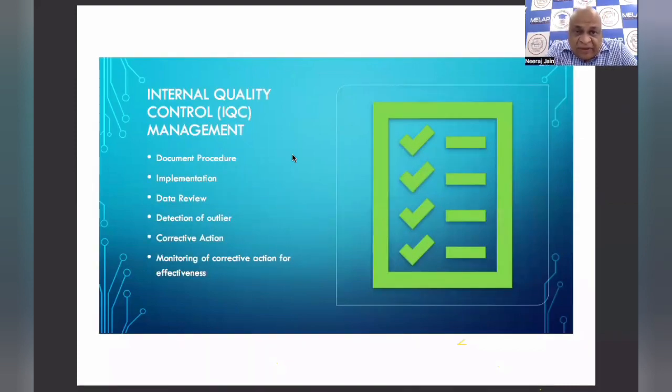In internal quality control management, what is required? This is the requirement of clause 7.3.7.2 as per the new standard ISO 15189:2022. And now NABL has decided they will start accepting applications as per this new standard from 1st July 2023.